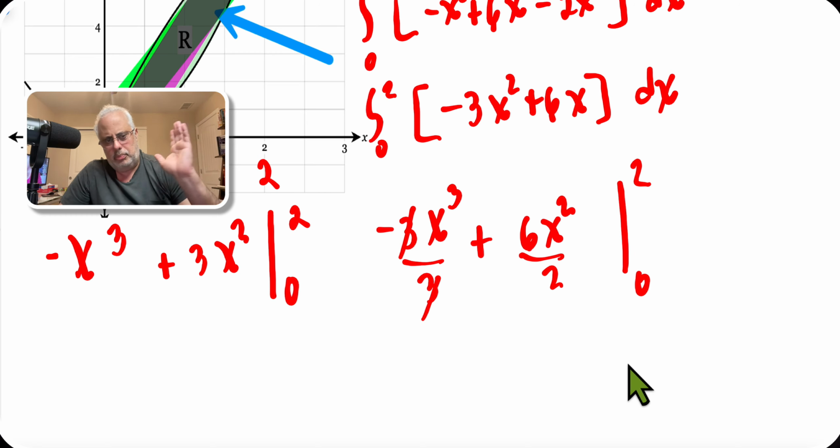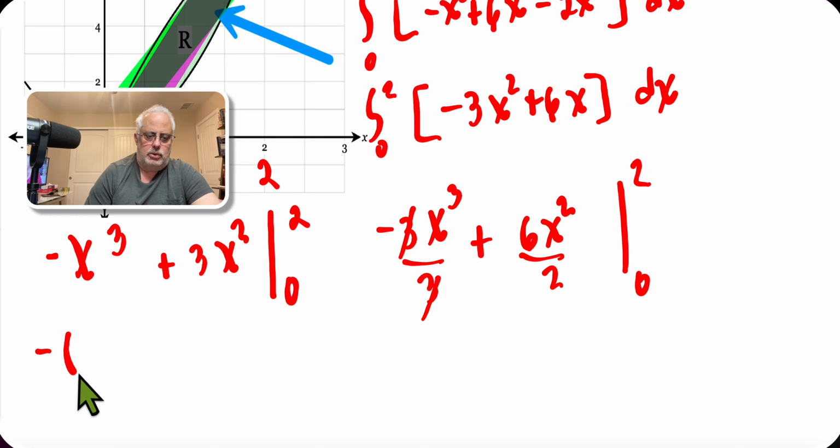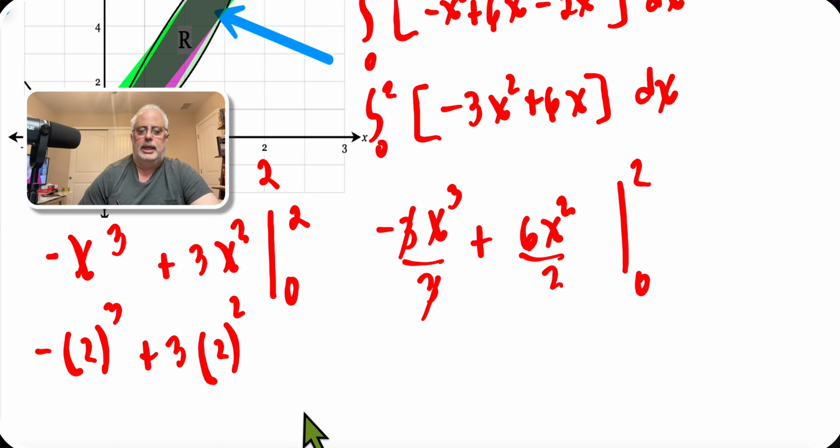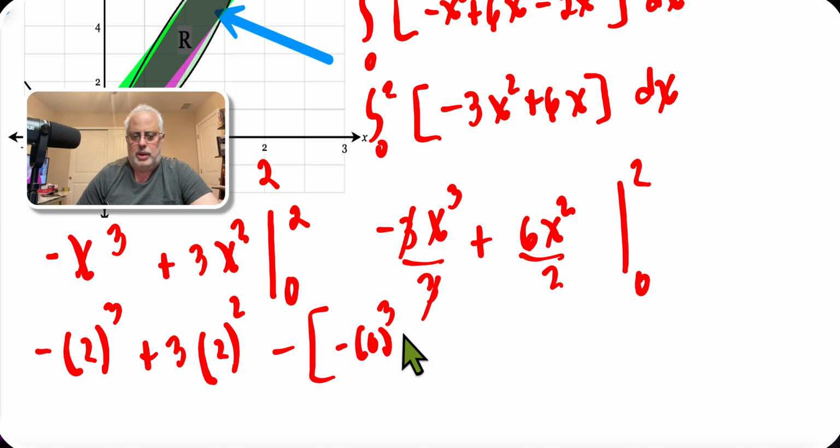So just simple algebra simplification. And now we are going to substitute 2 right here. And minus, let's put another bracket here, and we are going to substitute 0. To the third power, to the second power.